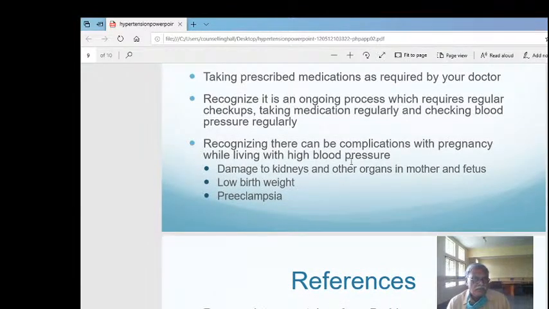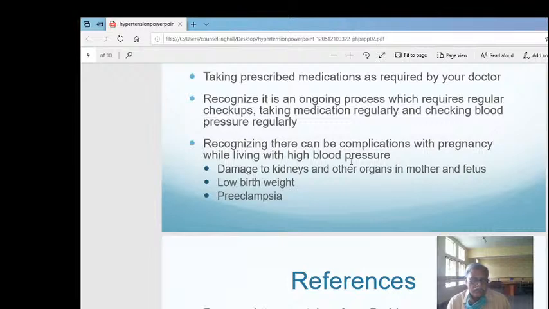And the dietary habits and salt intake have to be curtailed, and recognizing there can be complications with pregnancy while living with a high blood pressure.